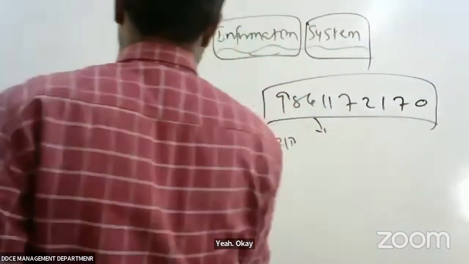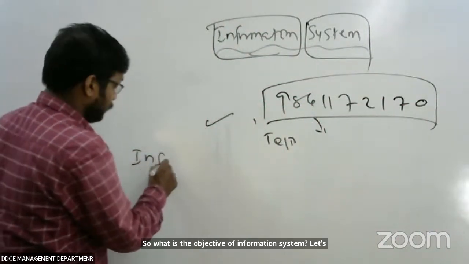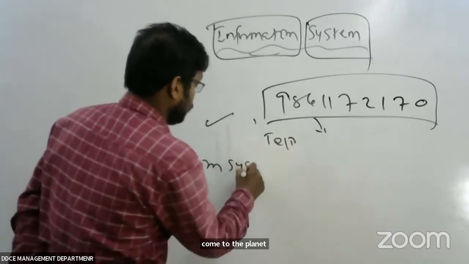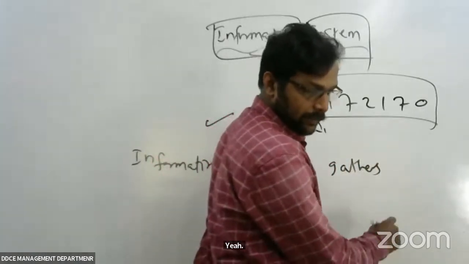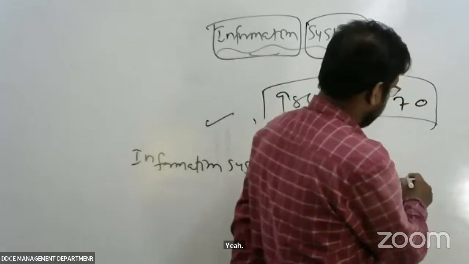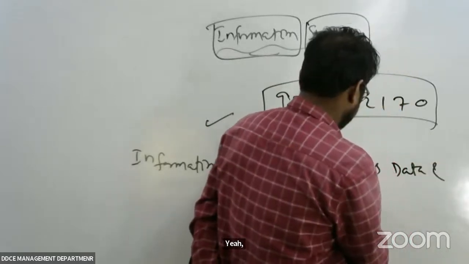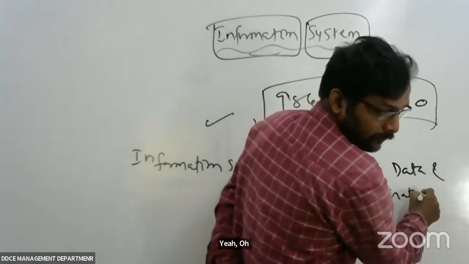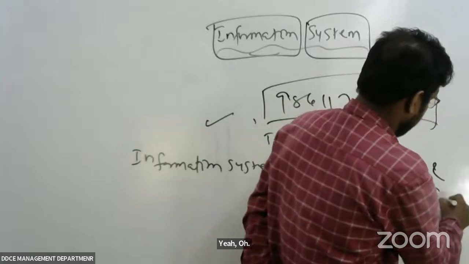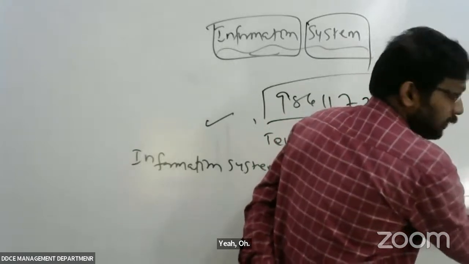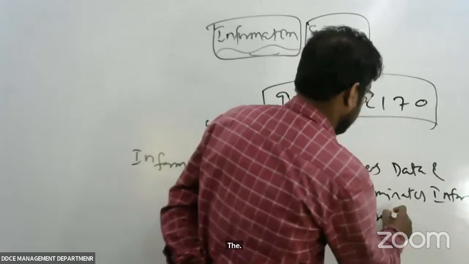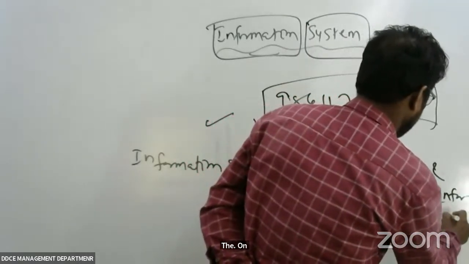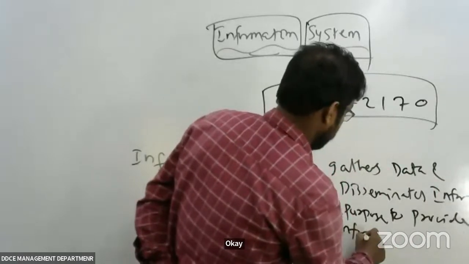So what is the objective of information system? Next, we come to the objective of information system. The information system gathers data and information for the purpose of providing information to the user.